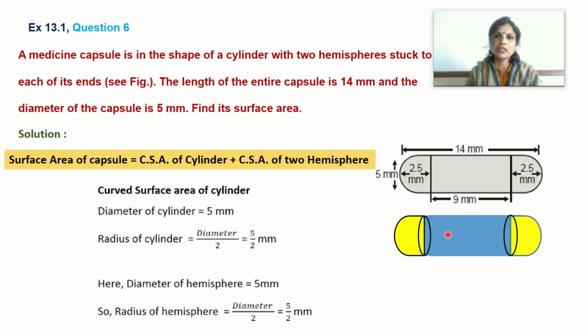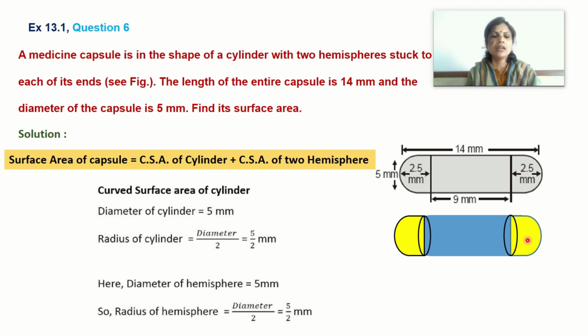We have to consider the curved surface area of the cylinder, and the two ends are hemispherical in shape, so plus the curved surface area of two hemispheres. Understood? So the whole capsule is the curved surface area of the cylinder and the curved surface areas of two hemispheres. So let's find the areas one by one.